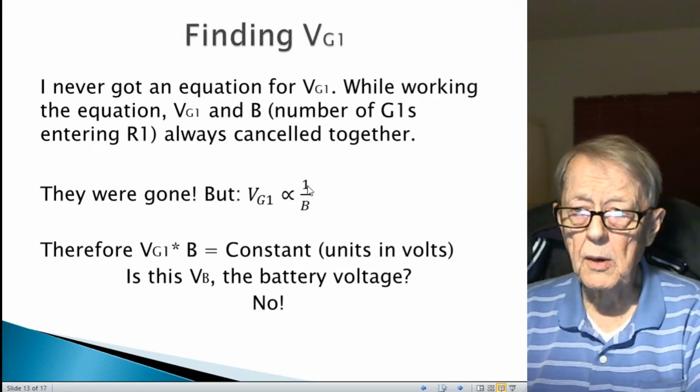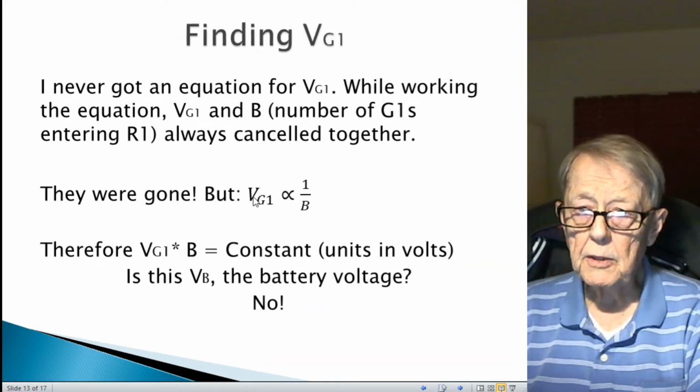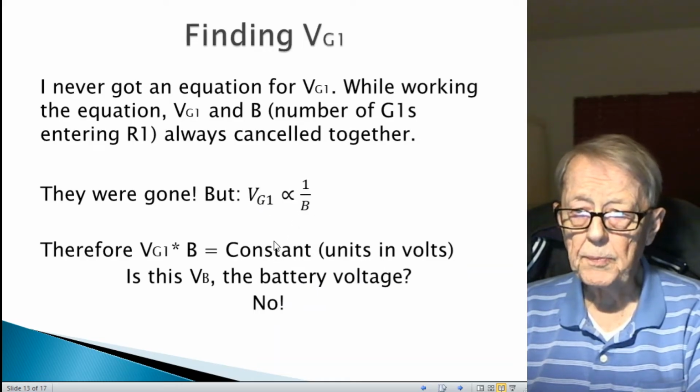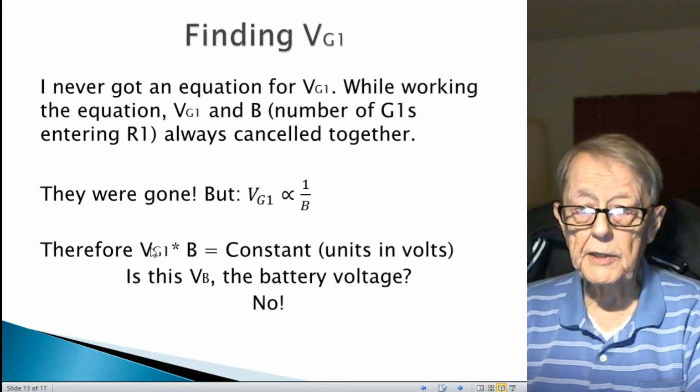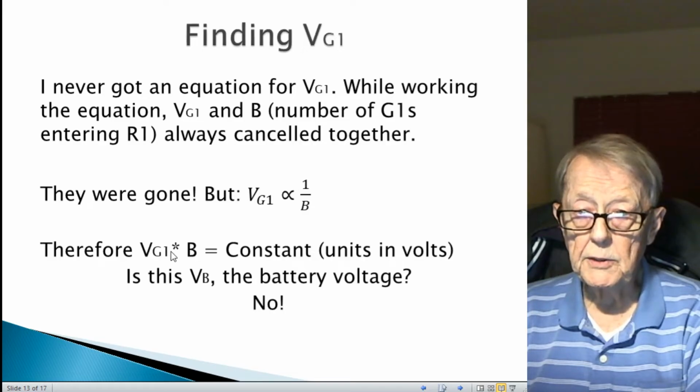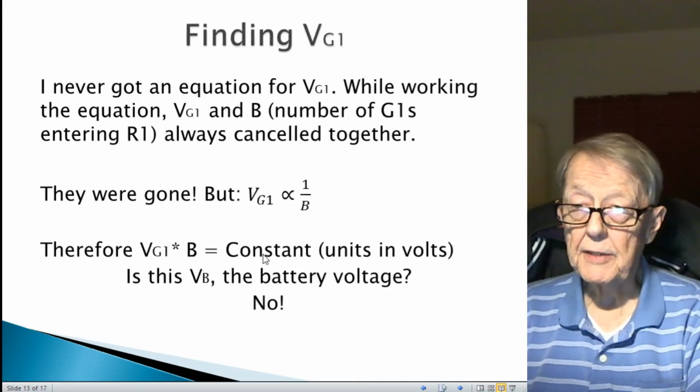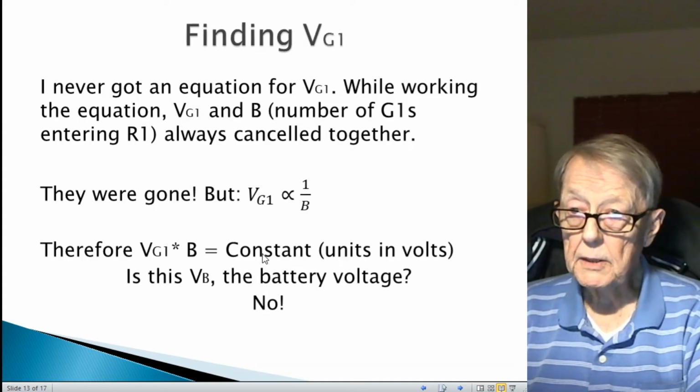It wouldn't be equal to 1. It's proportional, but it's not equal to, but a constant. And it would be in volts. VG is volts per G1. This is the number of G1s.